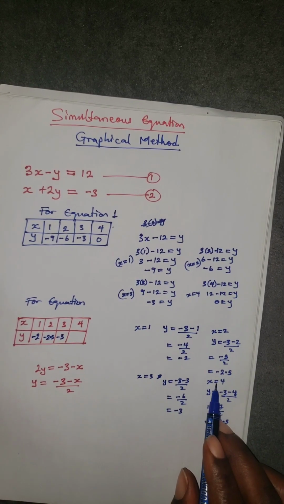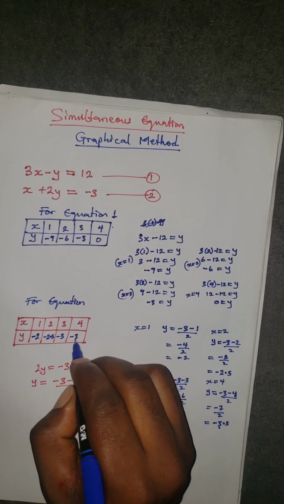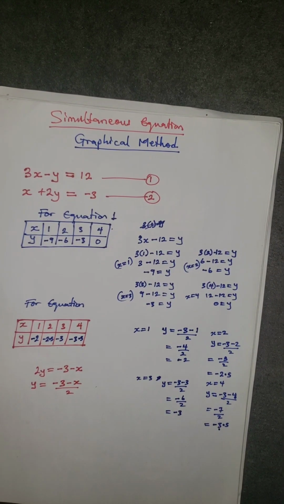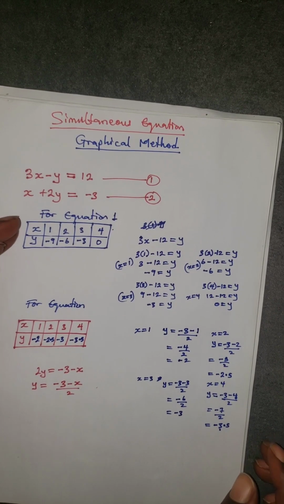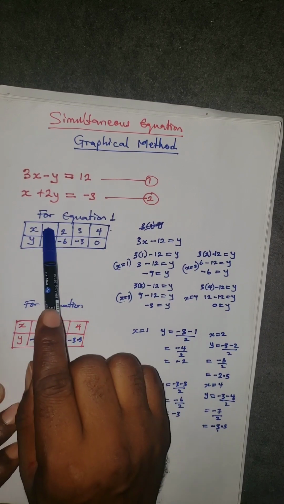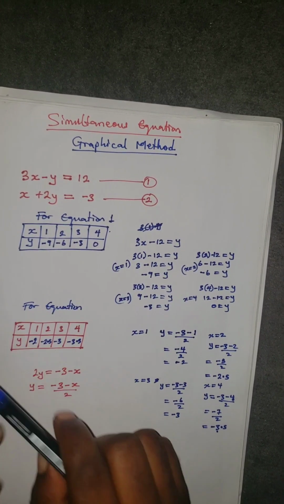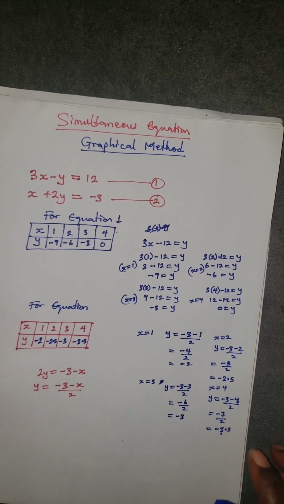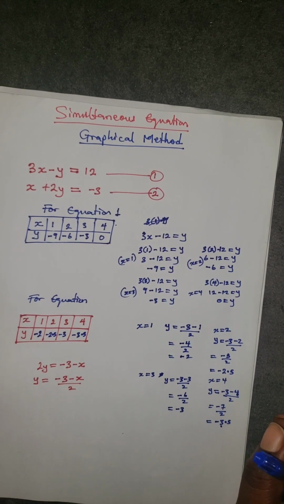When x equals 4, we got that y equals minus 3.5. So we have gotten the table for equation 1 and the table for equation 2. The next thing now is to plot the straight line for equation 1 and the straight line for equation 2. Then I will explain how to use that graph to find the solution to this problem.